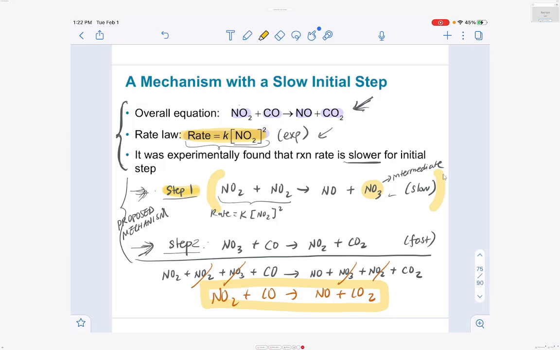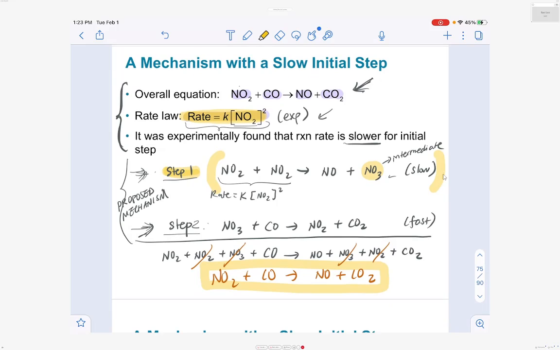Do you understand? Yes, I see how you got the reactants, but where did the NO3 come from? This is just a reaction. If you do nitrogen dioxide plus nitrogen dioxide, this is what you will get. It's just like if you add hydrogen and oxygen, you will get water. It's just a known mechanism.